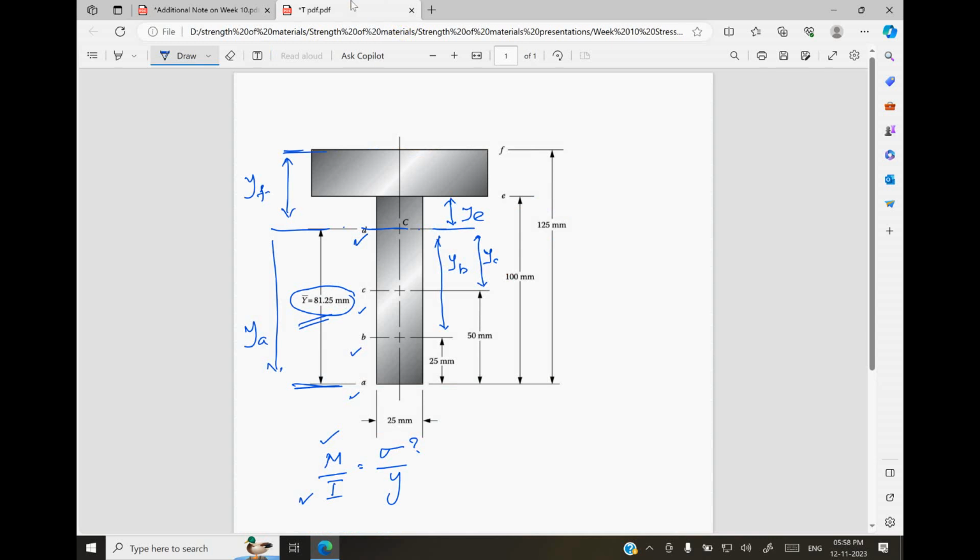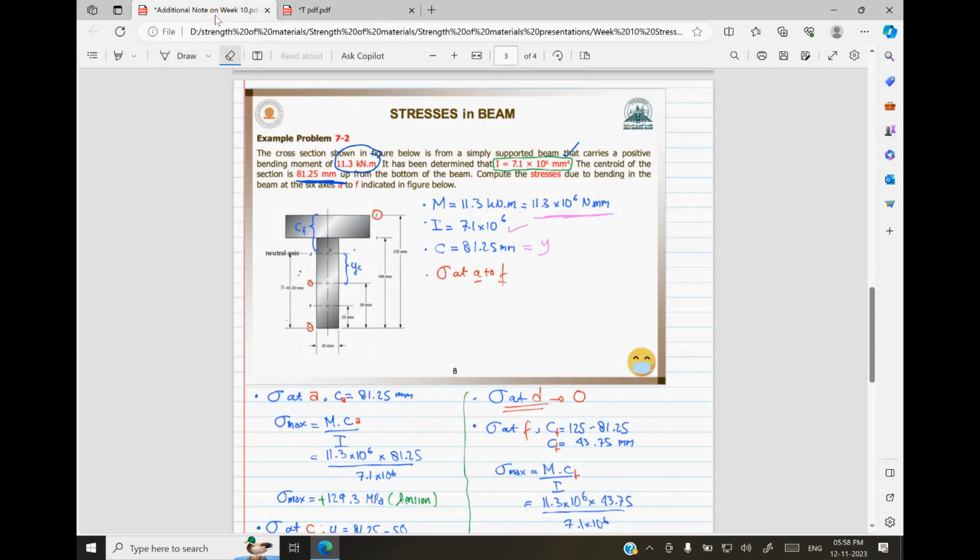Now let us go back here and just see. What are the things we know? Sigma at point A, we need to find out. Sigma max is equal to M into CA by I. Okay, so how did I get it? I get it like this.